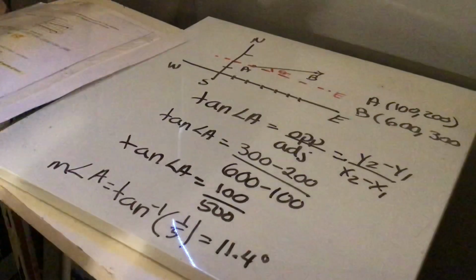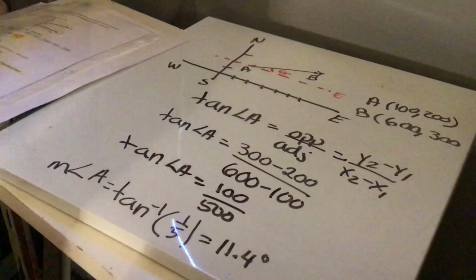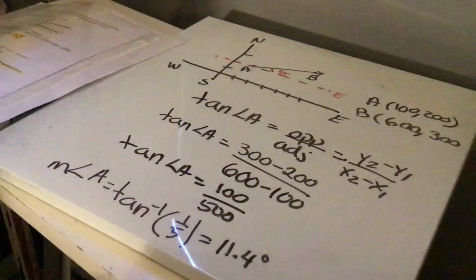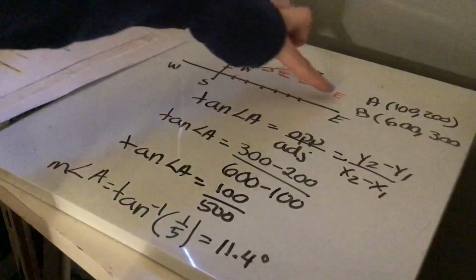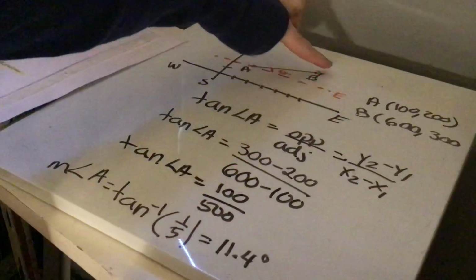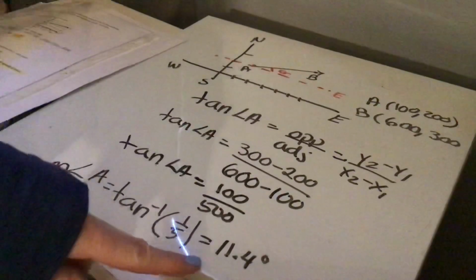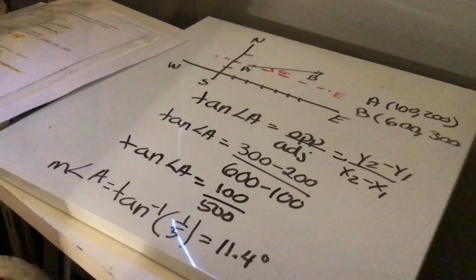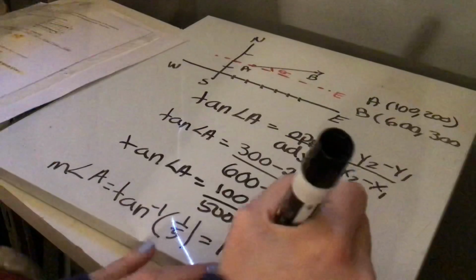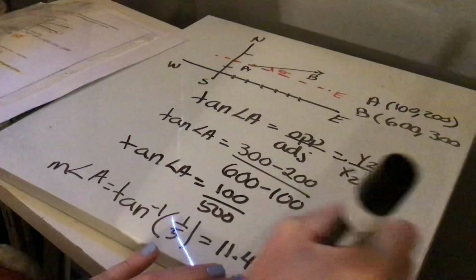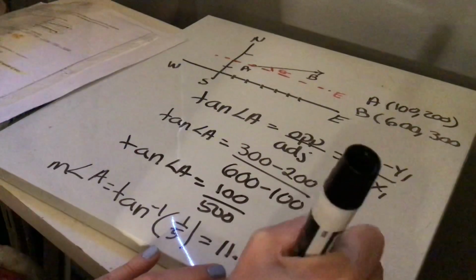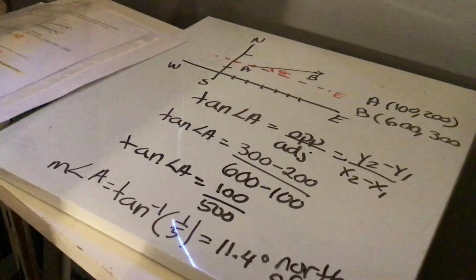But because it's a direction, 11.4 degrees what? We're traveling it. So if this was the east, we're going towards the north, so we would say the direction is 11.4 degrees north of east. And you always reference the east and west.